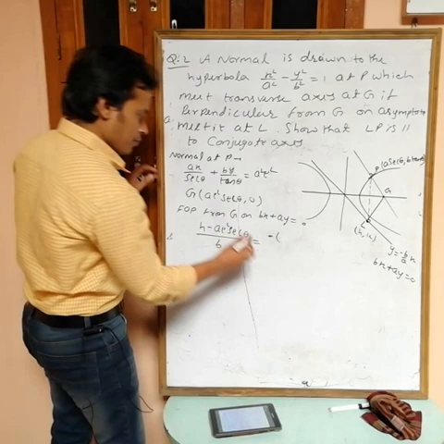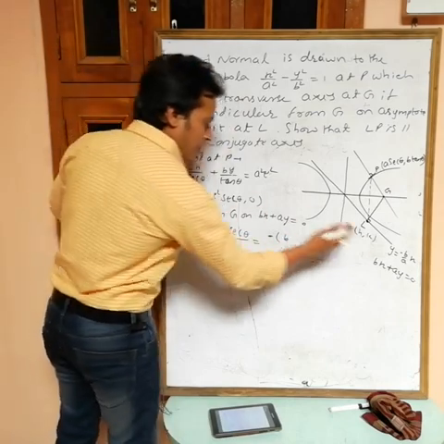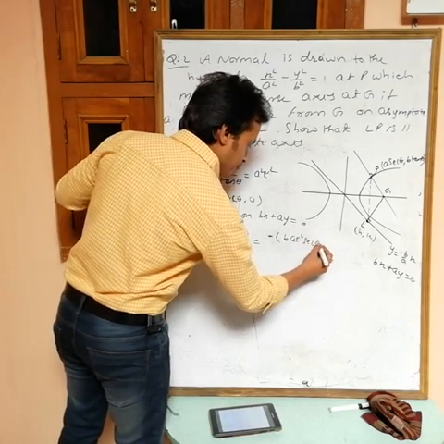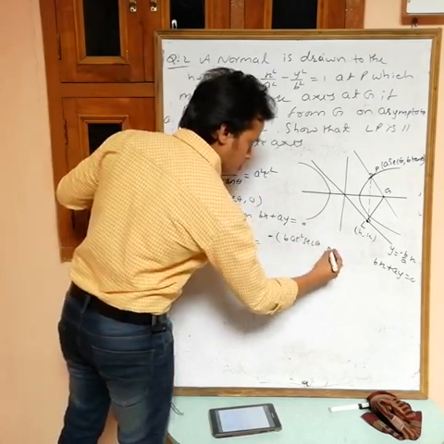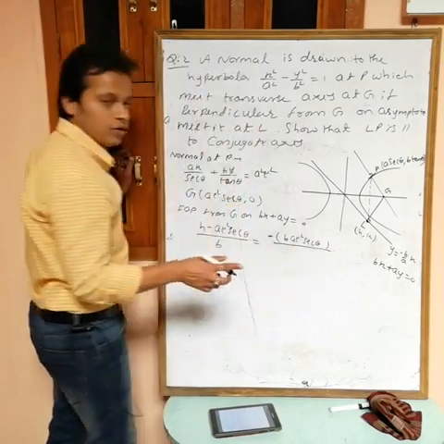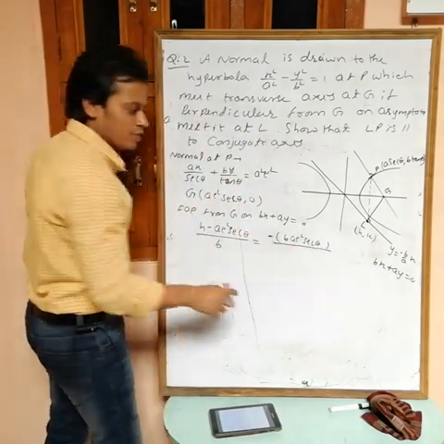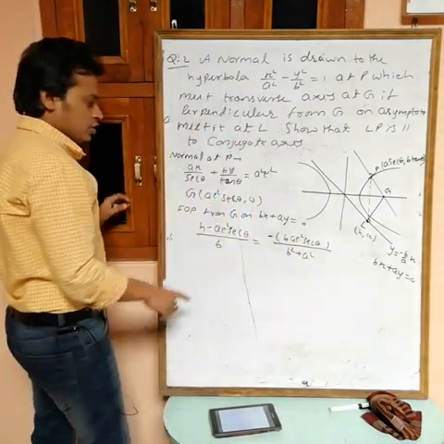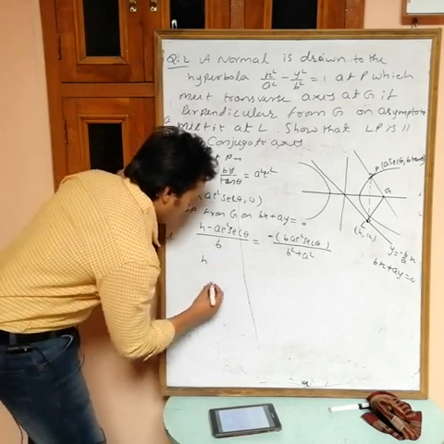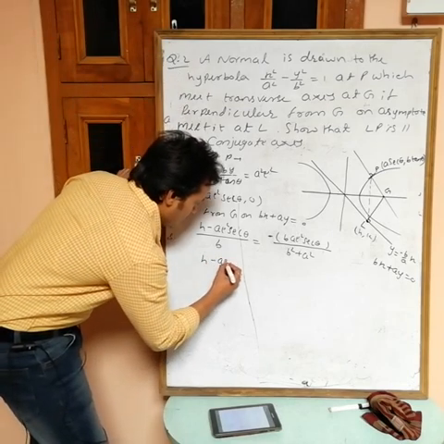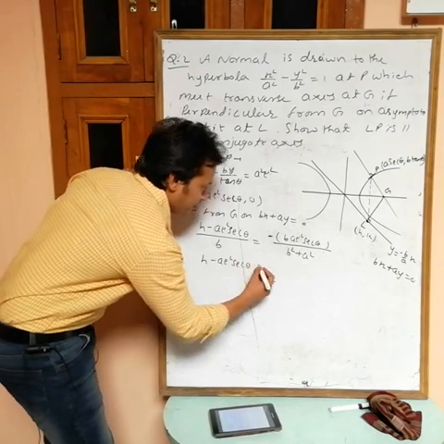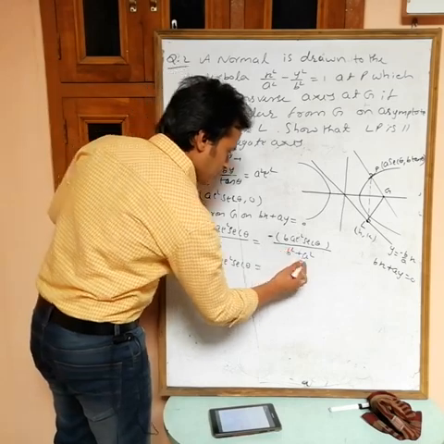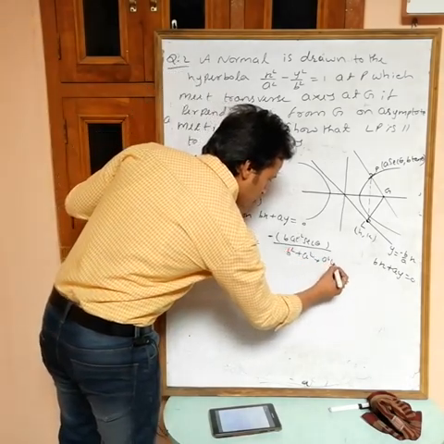So if you put a e square sec theta at the place of x and 0 at the place of y, divide by a square plus b square. Now if we solve, h minus a e square sec theta, and here we have b square plus a square. This can be written as a square e square.